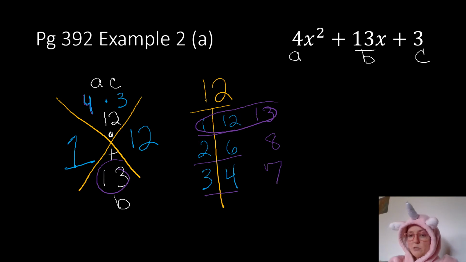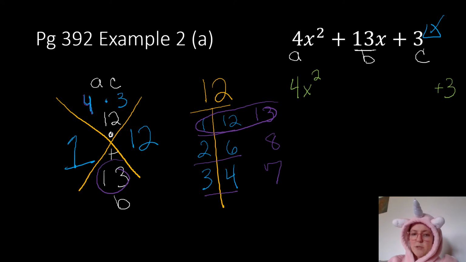Now we're going to come back over here to our big expression, because it doesn't have an equal sign. The A section doesn't change at all. We still have our 4x squared. Our C term doesn't change at all. We still have our plus 3.